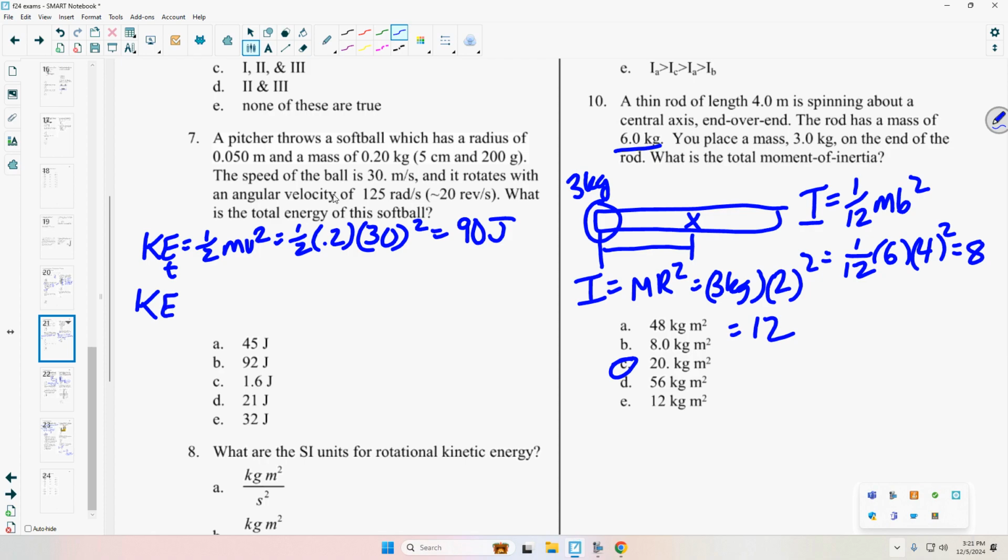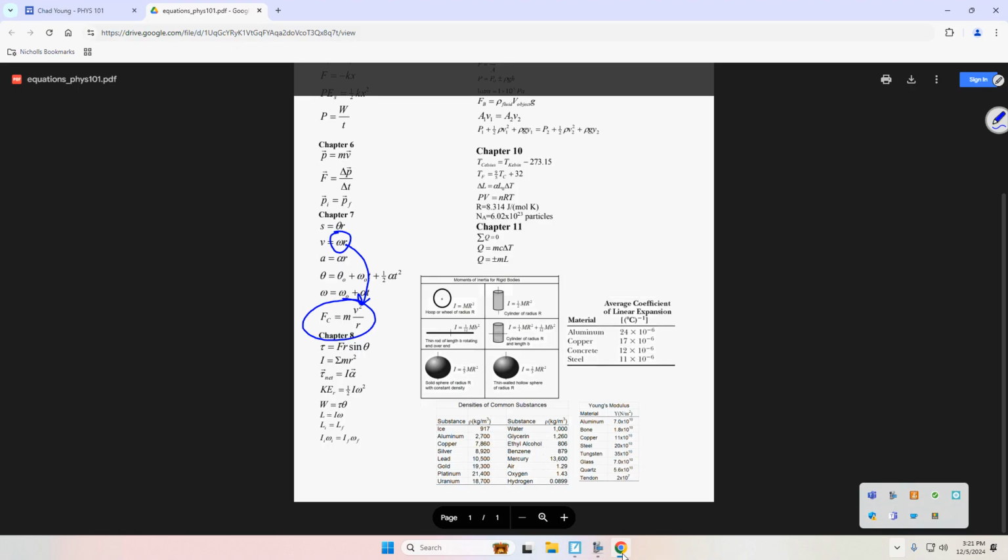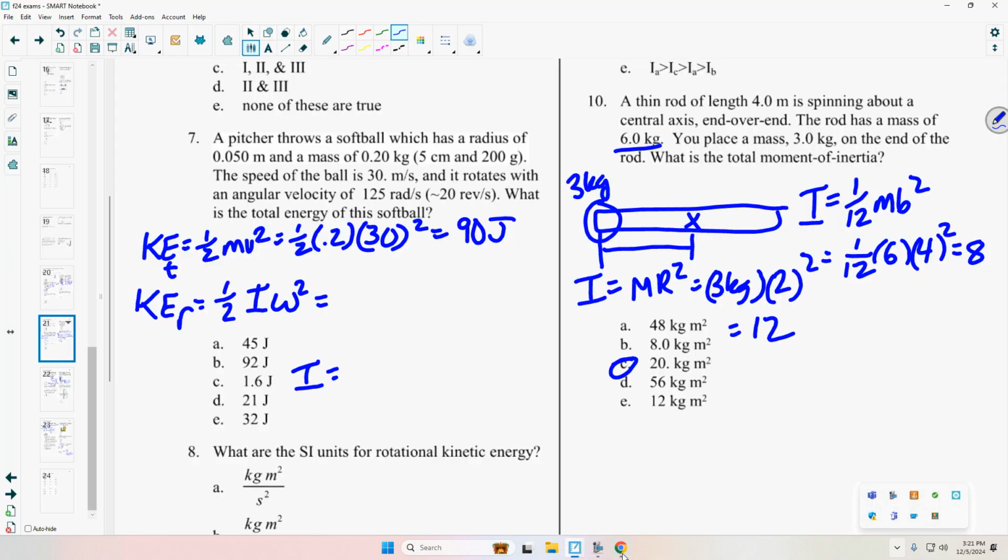Then you also had to find the rotational, which is 1/2 of I omega squared. Now I need to find I. It's a softball. That's a solid sphere. So I look over at my equation sheet. A solid sphere is 2/5 mr squared. That's 0.2.